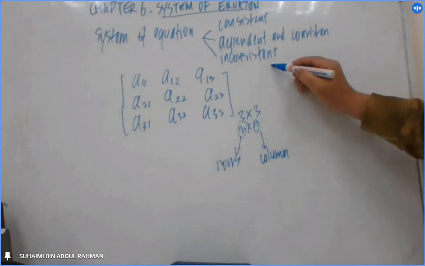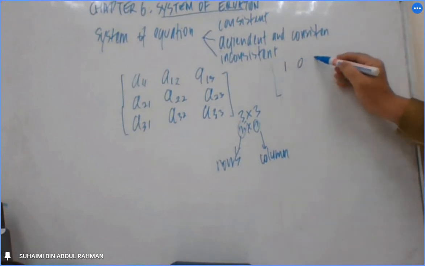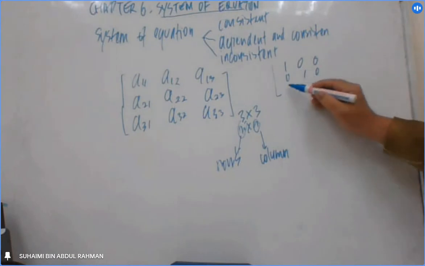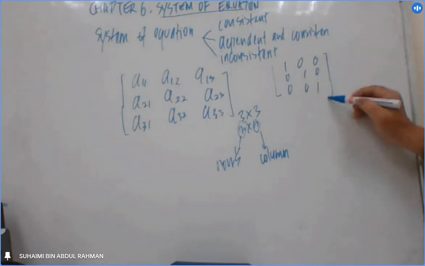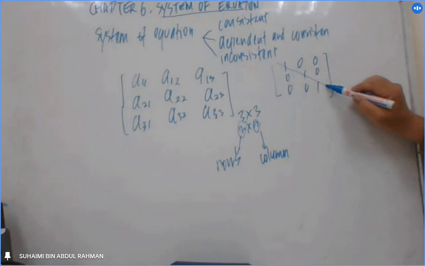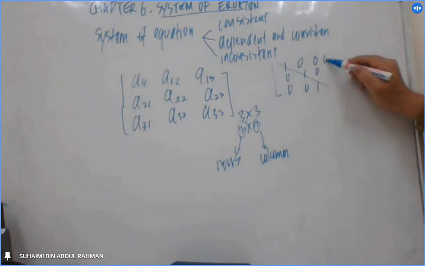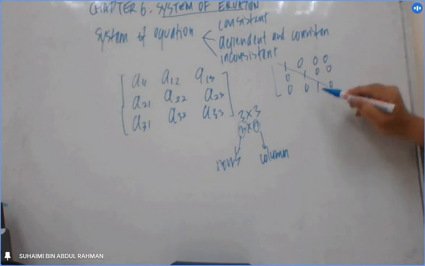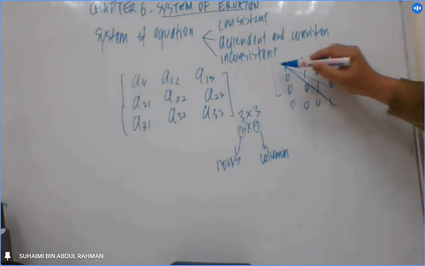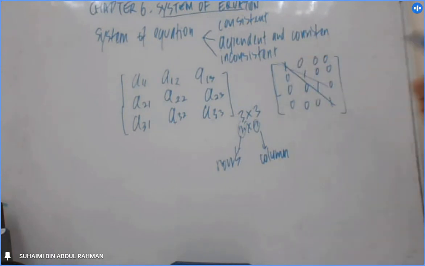For example, identity matrix is 1 0 0, 0 1 0, 0 0 1. When we talk about matrix 4 times 4, all the elements in the diagonal must be 1. This is what we call identity matrix.